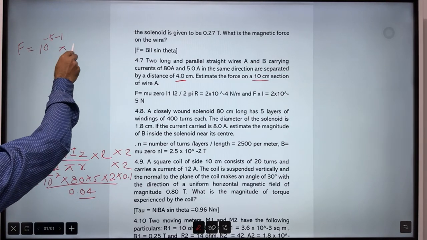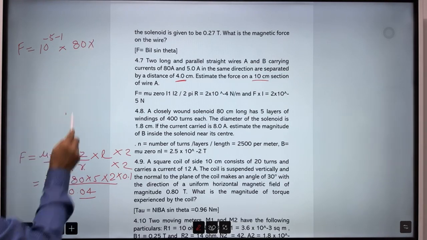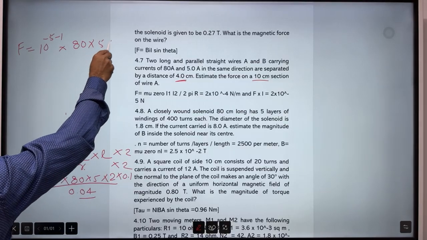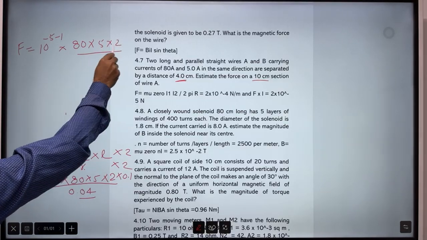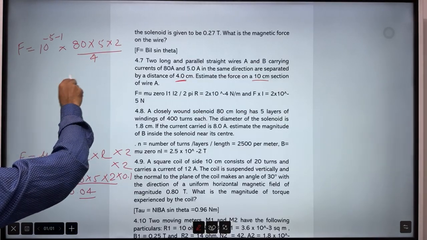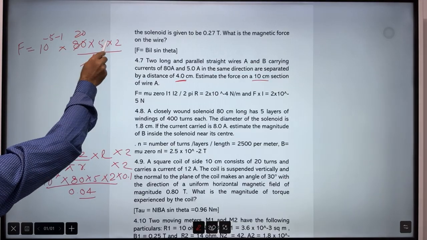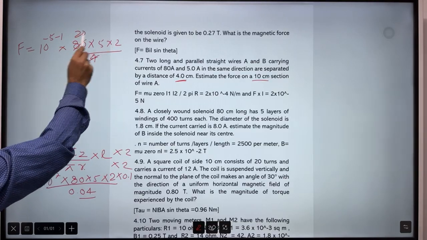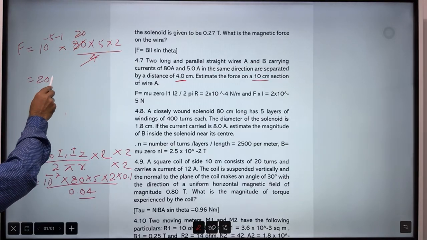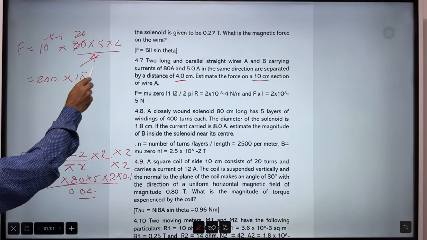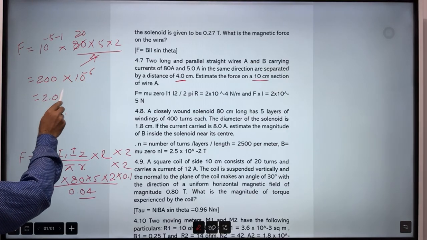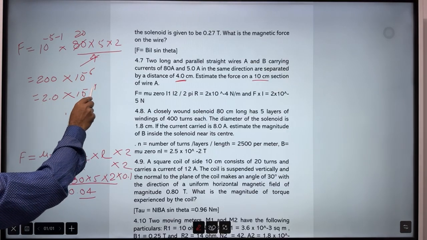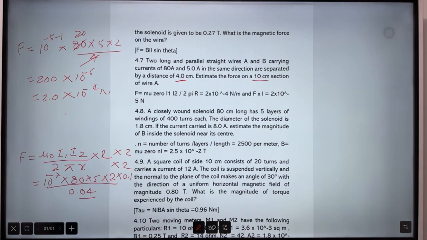Then the numbers left are 80 into 5 into 2 divided by 4. 4 20 times, so this is 100, 200, 200 times 10 power minus 6, which is 2.0 into 10 to the power minus 4 Newton, right?